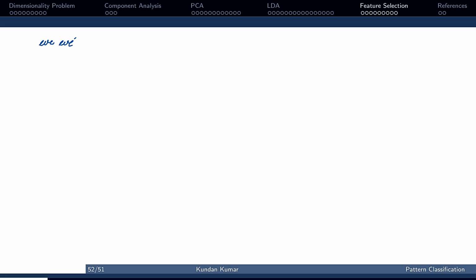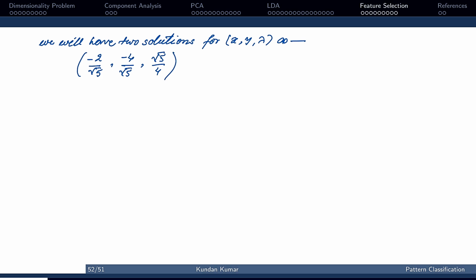We will have two solutions for x, y, and lambda, and another set of solution is as follows.